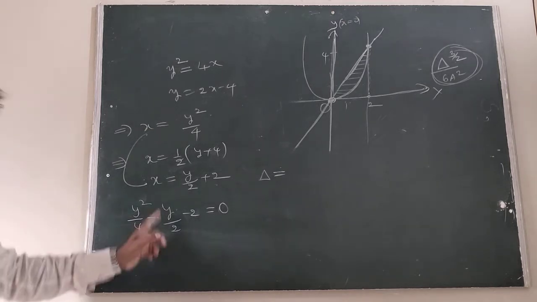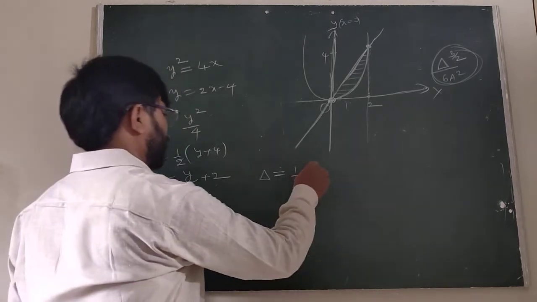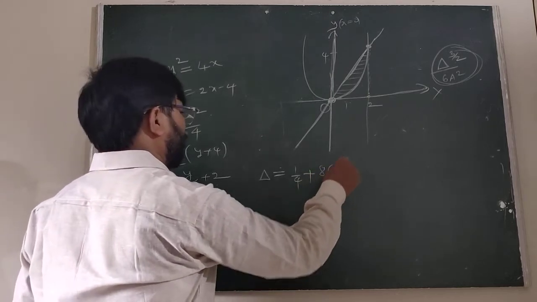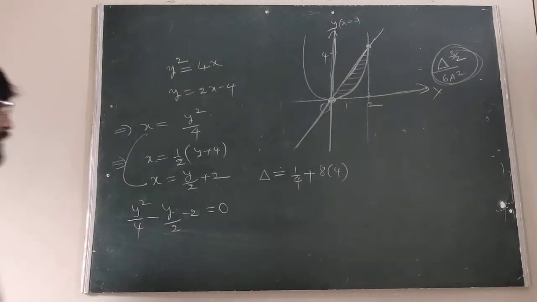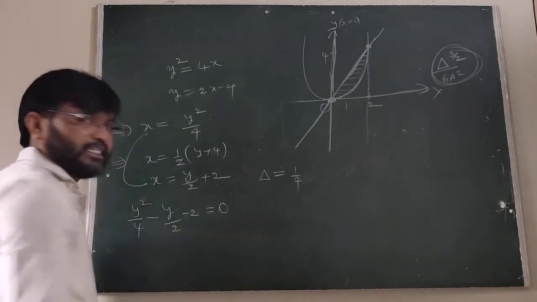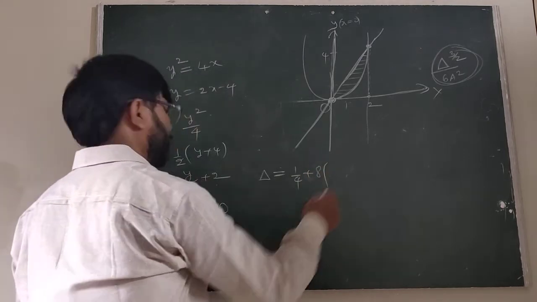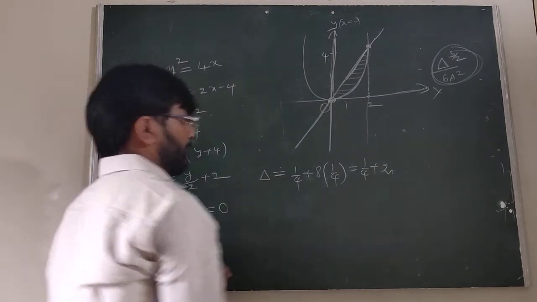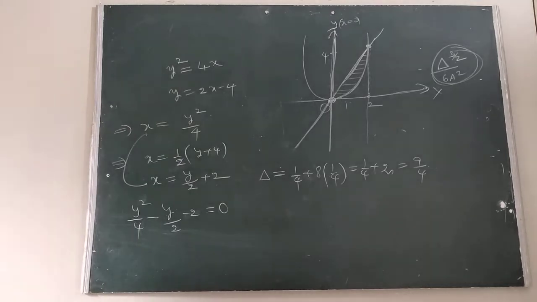The b square is 1 by 4. 4ac is 4 into 2, that is 8, into 1 by 4, so minus 4ac gives plus 2. That is 1 by 4 plus 2, 9 by 4 is the delta.